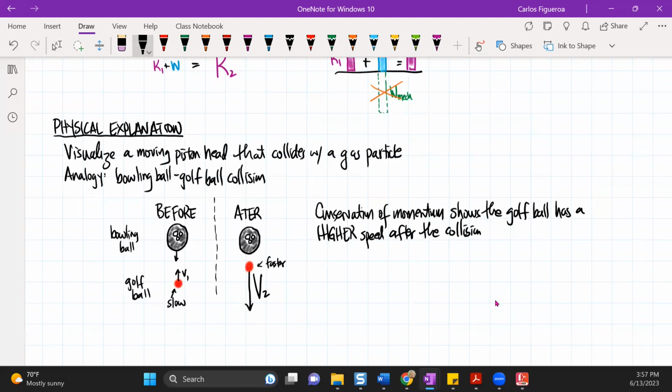So that means that K micro increased, of course. So if I now look at this thing, we see here that K2 is greater than K1.